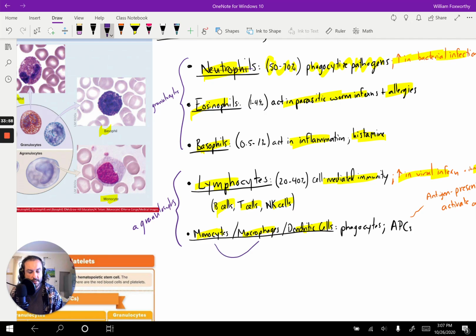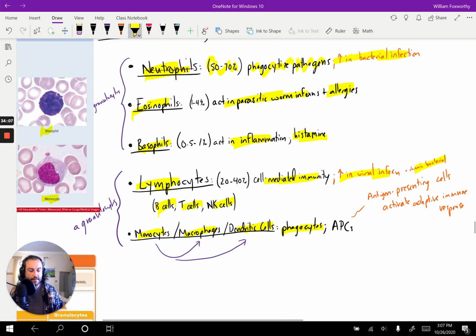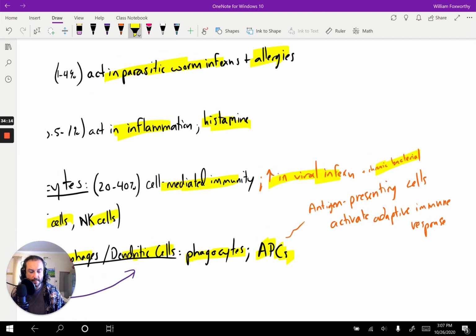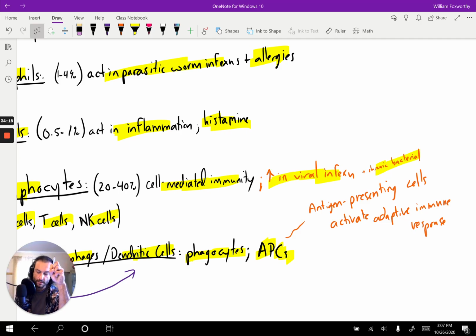can differentiate into either macrophages or dendritic cells, and these are all three types of professional phagocytes, also called professional antigen-presenting cells. These antigen-presenting phagocytes will eat up the pathogen, digest it internally, and then display a piece of that pathogen on their cell surface.